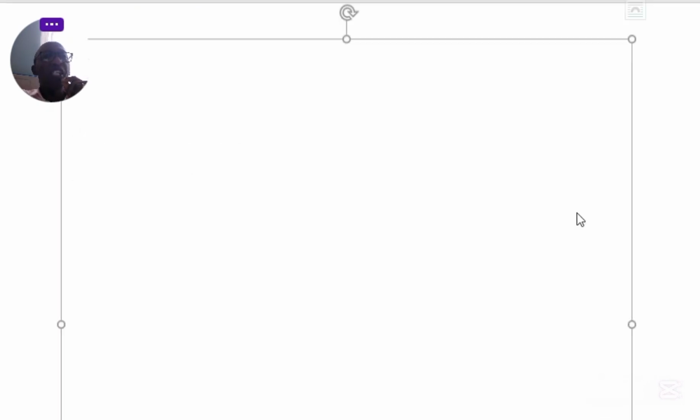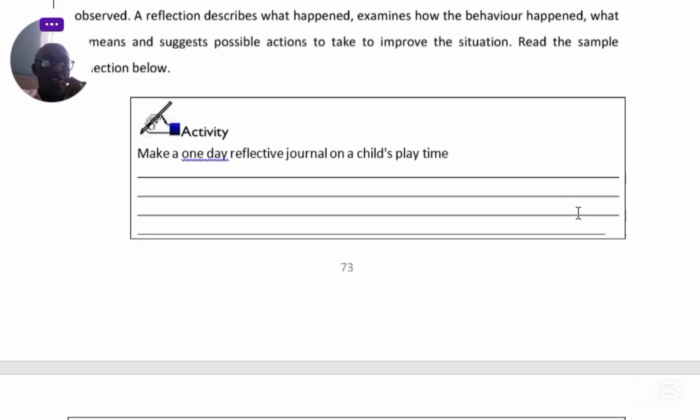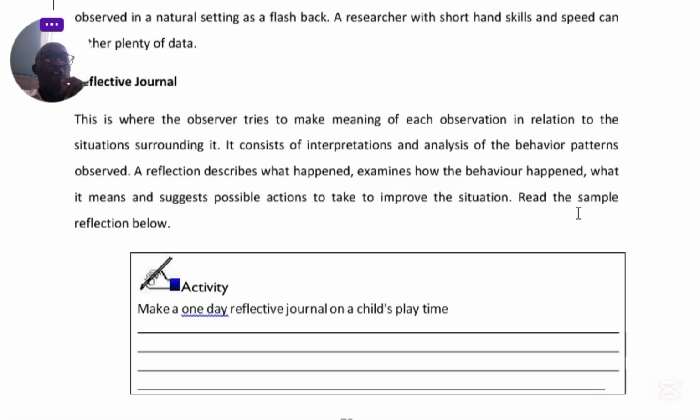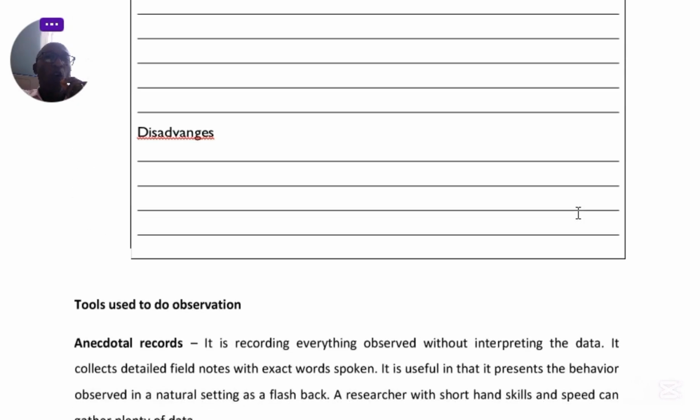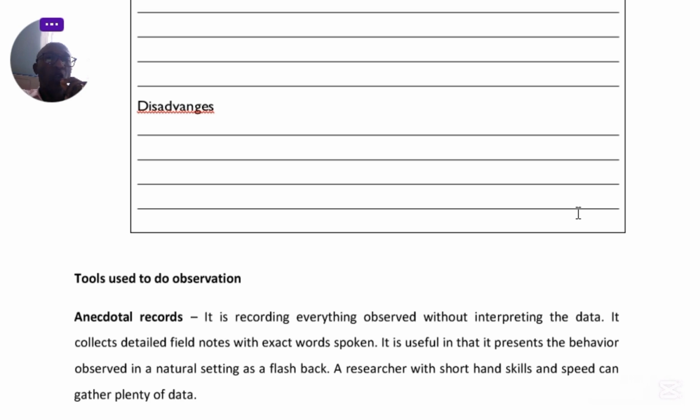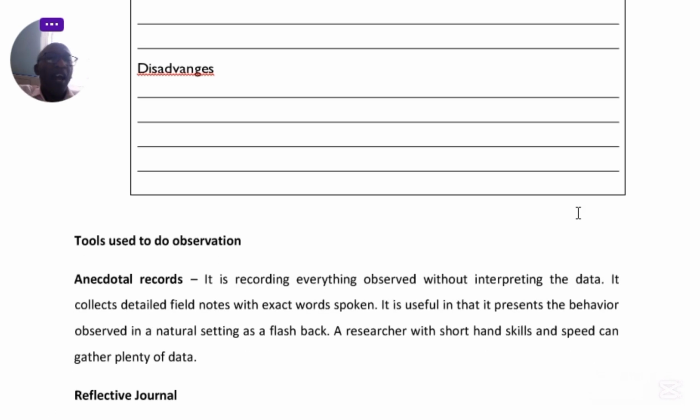Now, should you decide to use observation, what are the different approaches of observation? The first one we call anecdotal records. What are anecdotal records? In anecdotal records, you are recording everything being observed without interpreting the data.